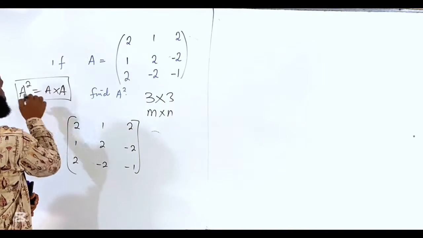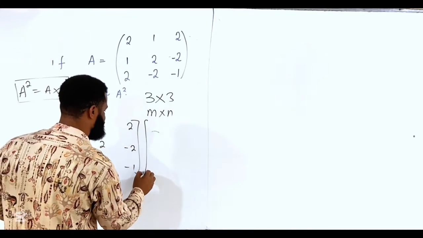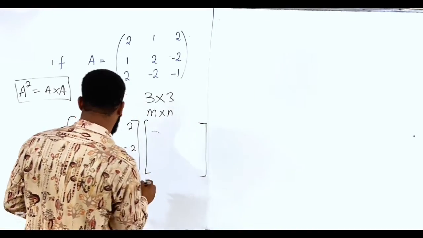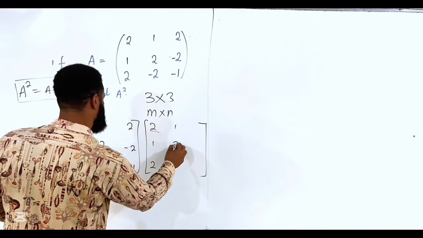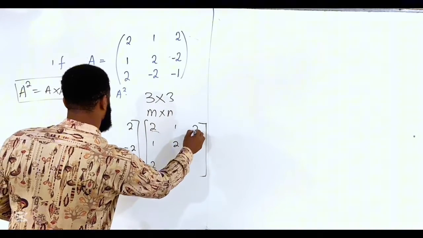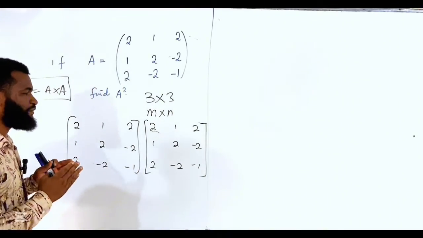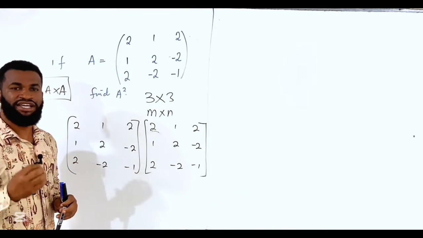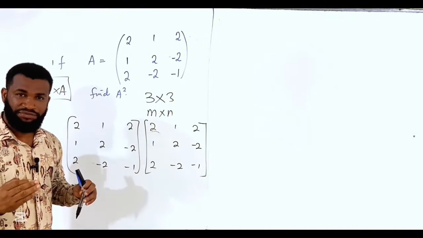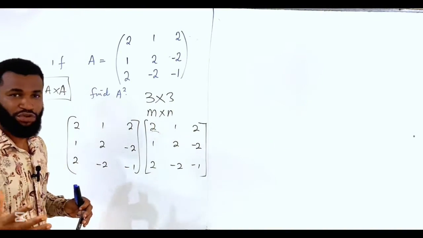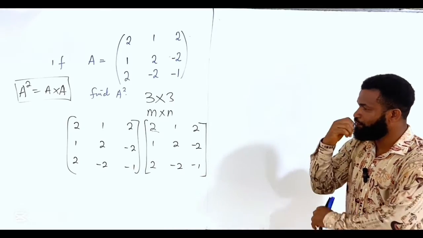So the first one is this, and the second is also 2, 1, 2, 1, 2, minus 2, 2, minus 2, minus 1. Remember, this is careful mathematics. Any place you make a mistake, you can never arrive at your answer. So we are going to be very careful while we do our solution. Do you understand that?